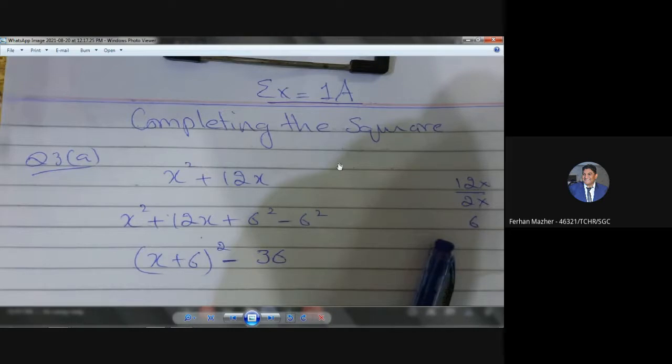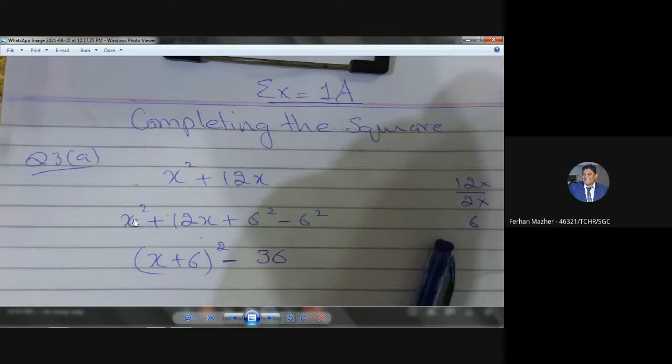We have the x square term, and then we have a term which has x with it, which is here 12x. In your rough work, take that 12x and divide it by 2x. Whatever answer you get, take its square and add that square in that expression and also subtract it.